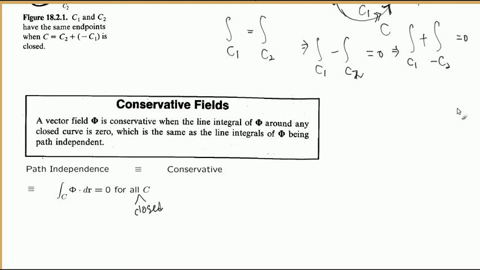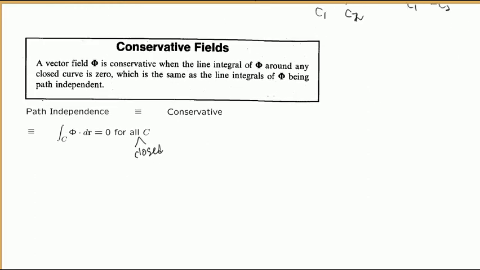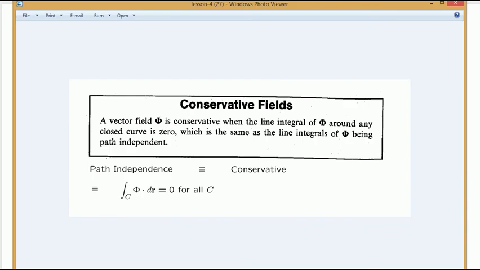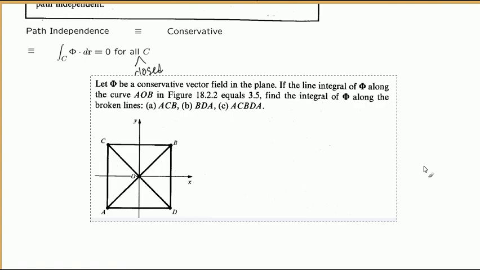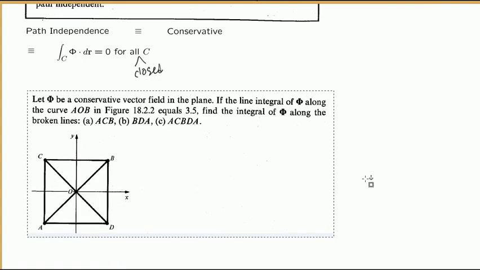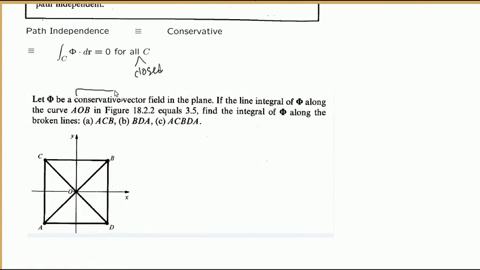All three things are the same notion. So for example, if you look at this problem, they didn't give you anything specific. They just want you to think about what was just introduced. Here's a conservative vector field. That's the key. If it is a conservative vector field, it's path independent, and every closed curve integration is 0, right?